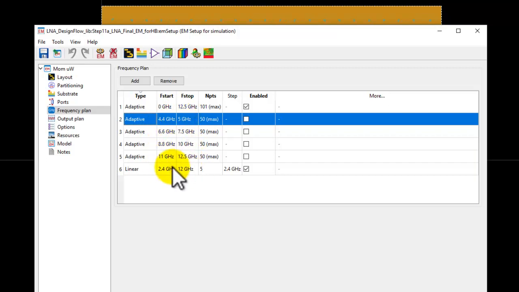harmonic. So this way, when we set up this simulation, I'm not wasting my time simulating anything between 5 gigahertz and, let's say, 6.6 gigahertz, from 7.5 gigahertz to say 8.8 gigahertz, because virtually we are not even interested in looking at anything of that sort in our amplifier design, right? So that's the proper utilization of the time and memory.